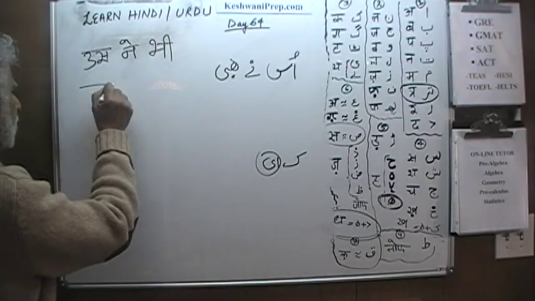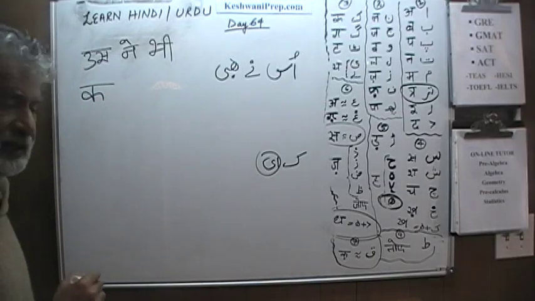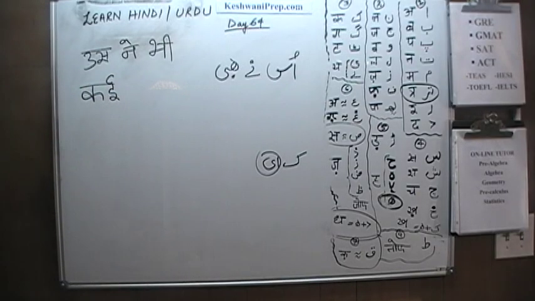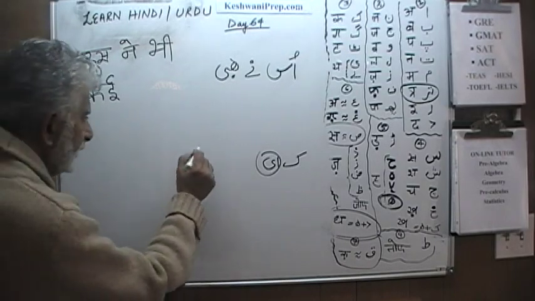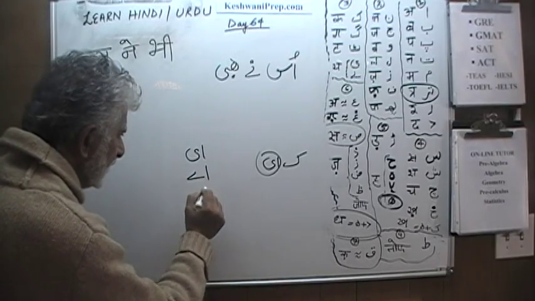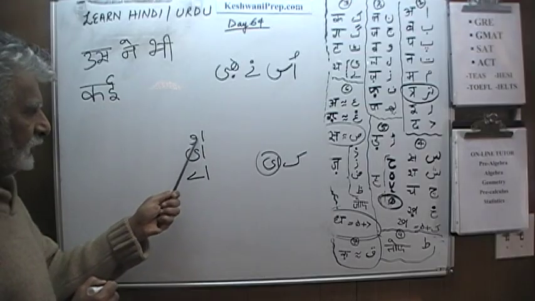That gives us ka, and alif and a choti ye gives us badi ki matra. So this is ka and this is badi ki matra, kai. Now as we know, this is also something we have learned many times. When alif is followed by a choti ye, or by a badi ye, or by a vav, we do not write it like this. They're not going to sit like this.